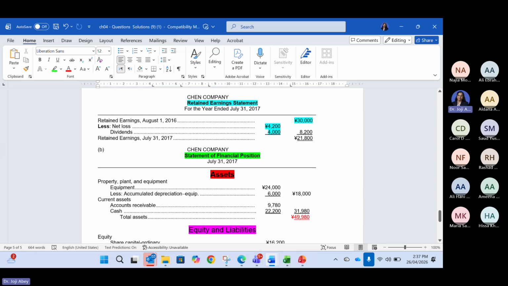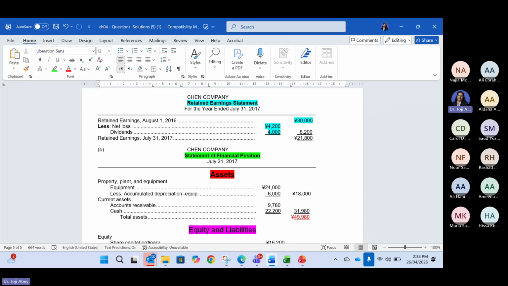The format: beginning retained earnings plus net profit minus dividend. Here it is net loss, so we deducted. Retained earnings minus loss minus dividend, you will be able to get your ending retained earnings.